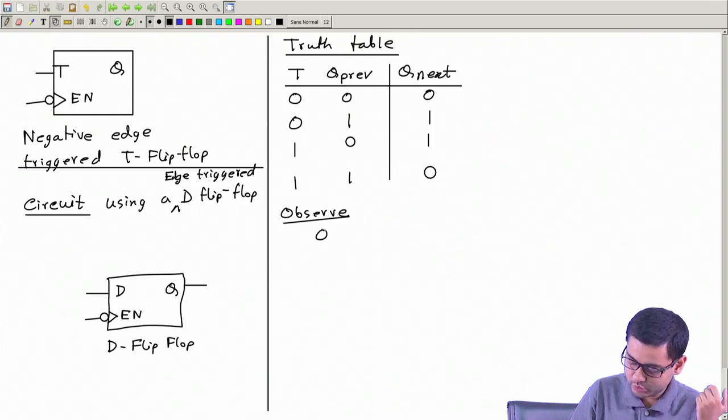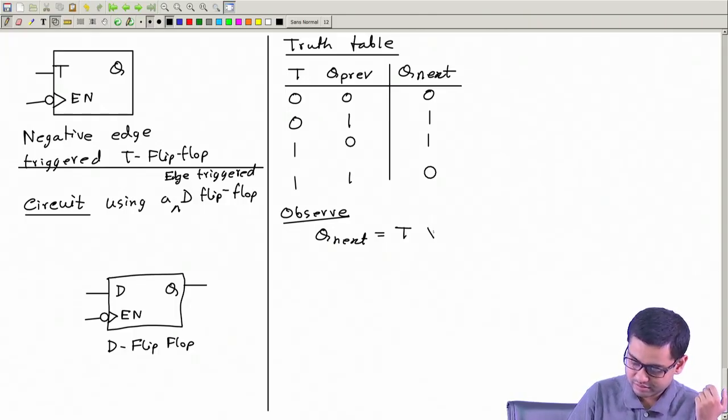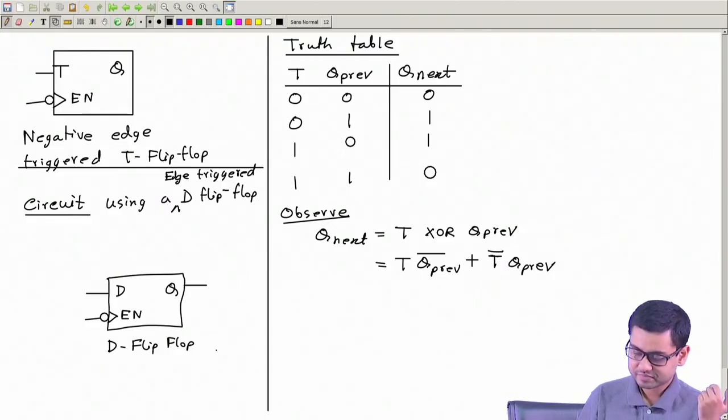So we can write that Q next is T XOR Q previous, which you can also write T Q previous bar or T bar Q previous. So when they are unequal, then the output becomes 1. If they are equal, 0, 0 or 1, 1, output is equal to 0.